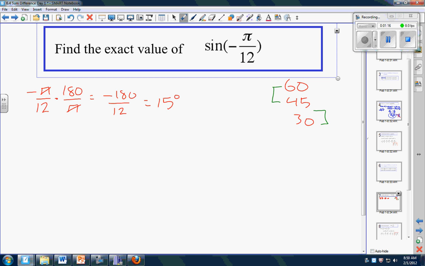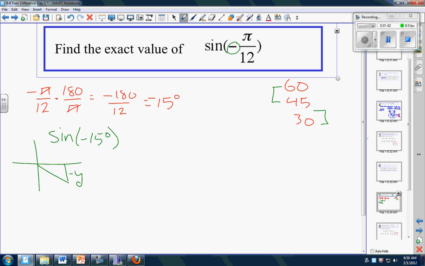You got to think about if you need a positive or if you need a negative here. So this guy's actually the negative 15 degrees there. So when you're looking at this, you're saying sine of negative 15 degrees. Okay, negative 15 degrees puts you down here. That gives you a negative y value, so our answer better be negative.